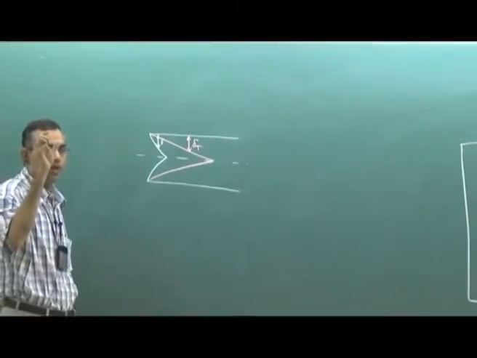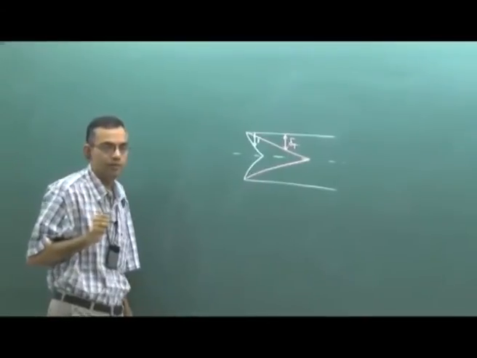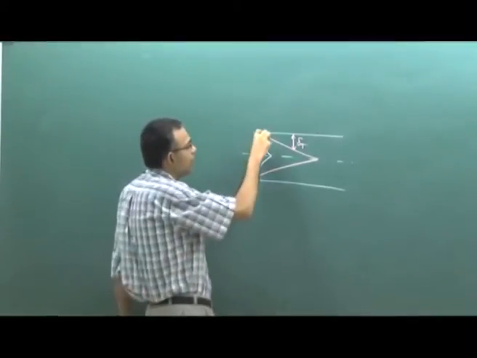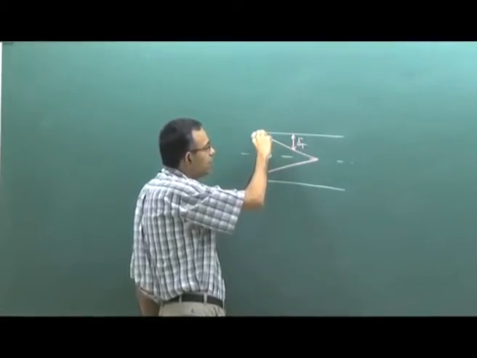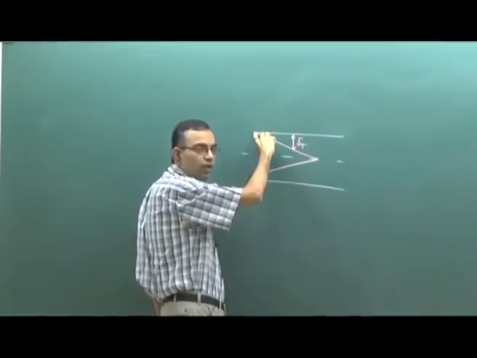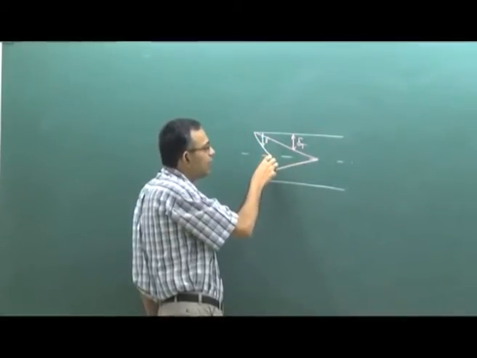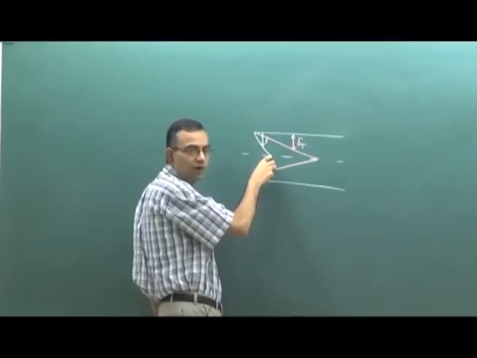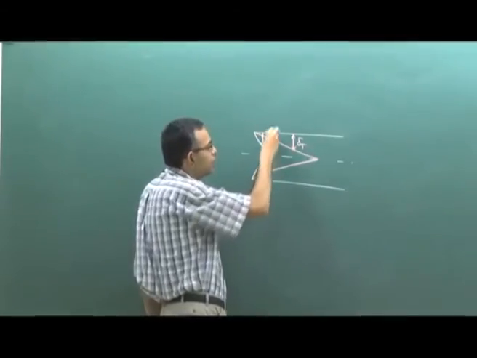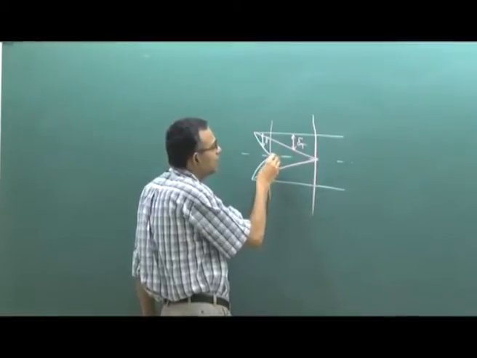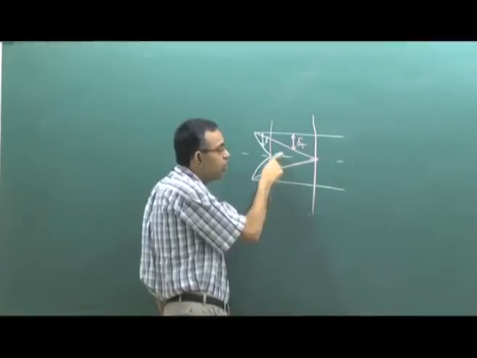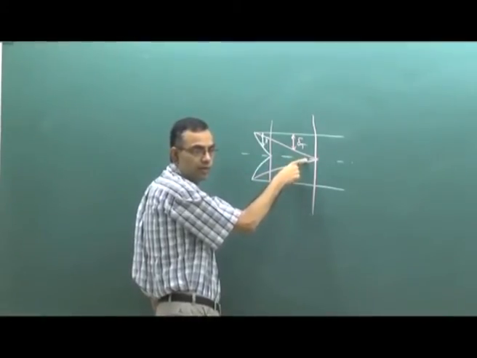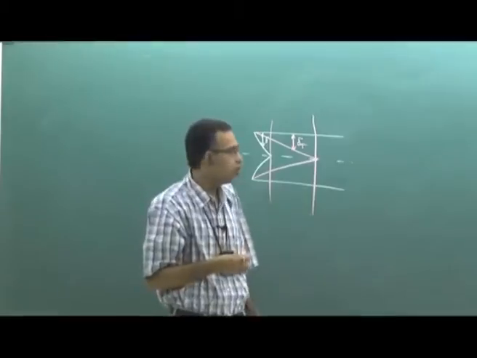If you have a fluid of high Prandtl number, then delta will be significantly more compared to delta T. So the hydrodynamic boundary layer will grow very fast, the boundary layers will merge here and the flow will become hydrodynamically fully developed. So from here to here there is a region where the flow is hydrodynamically fully developed but not thermally fully developed. That kind of problem is known as Graetz problem.